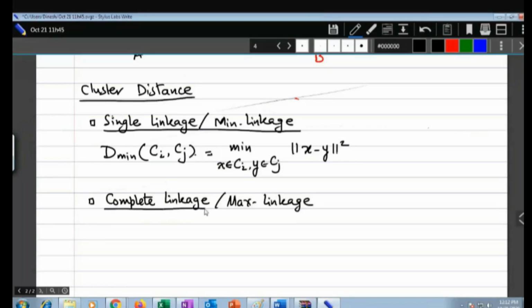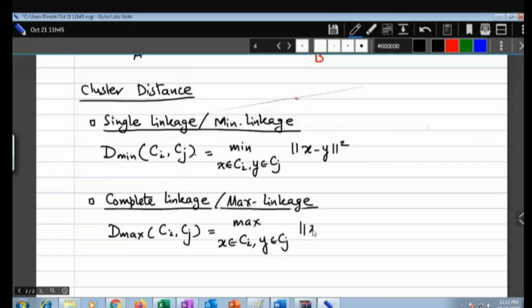The mathematical model is D max between two clusters Ci and Cj, the maximum over x in Ci and y in Cj of the distance. This we already specified.